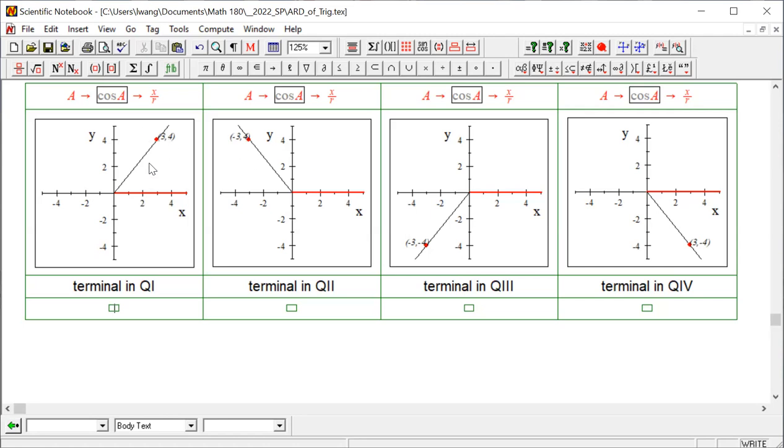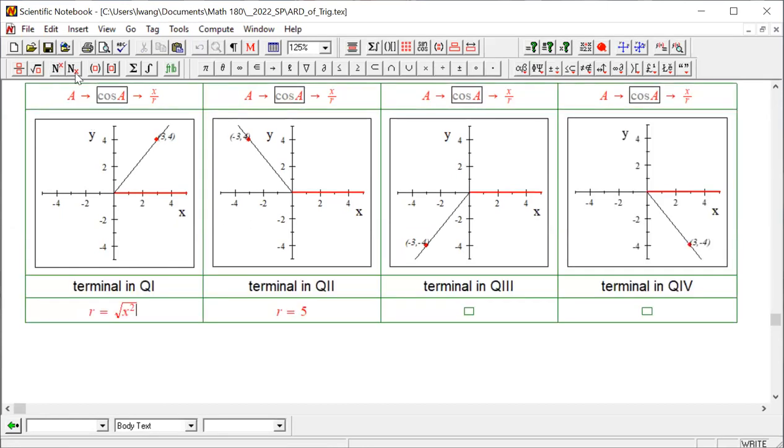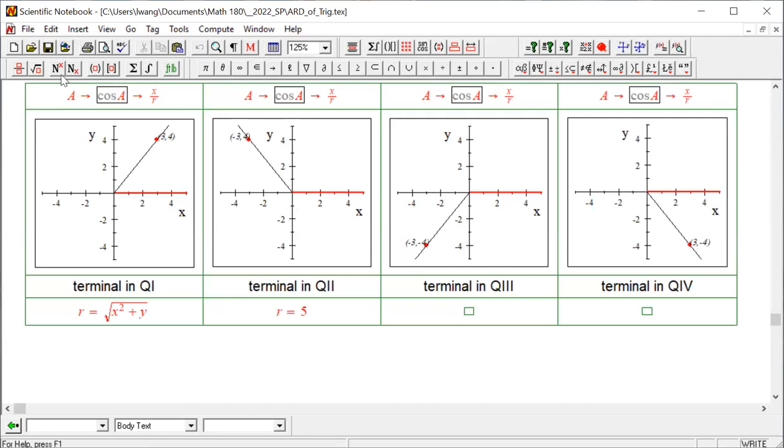Apparently, all these four have the same r. We have calculated that r in these examples is 5, no problem, because r is calculated respectively. So let me summarize the calculation of r, which is x squared plus y squared.